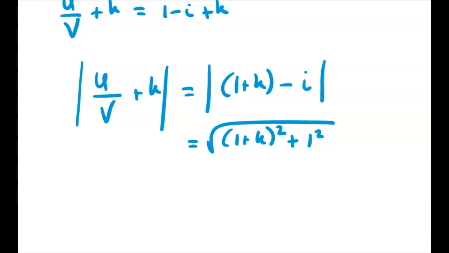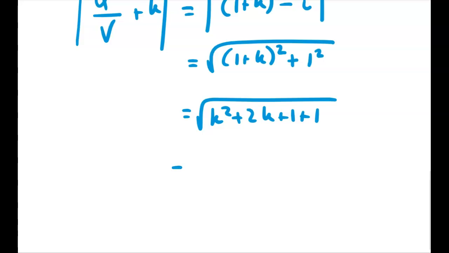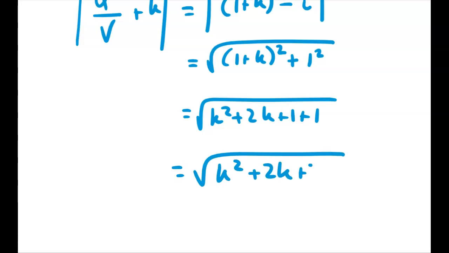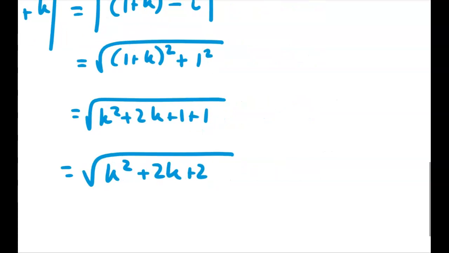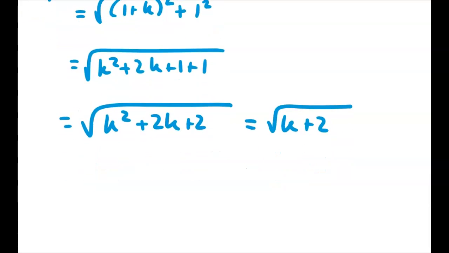And we can simplify that further to get k squared plus 2k plus 1 plus 1, which gives me this. But we were told at the outset that that has to equal, sorry, the square root of k plus 2.